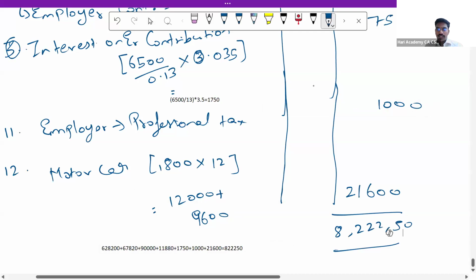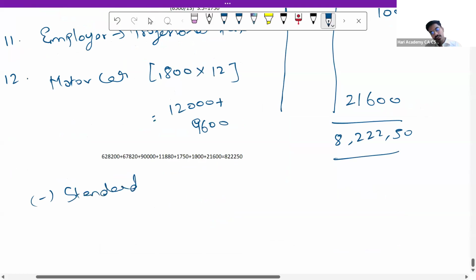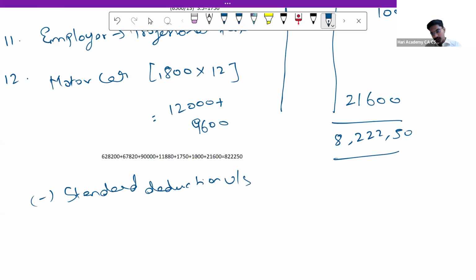Now what we have to do is, there is only one more point which is remaining in this. We have to reduce the standard deduction under section 16(1). If I'm opting for the default tax regime, my deduction is 75,000.